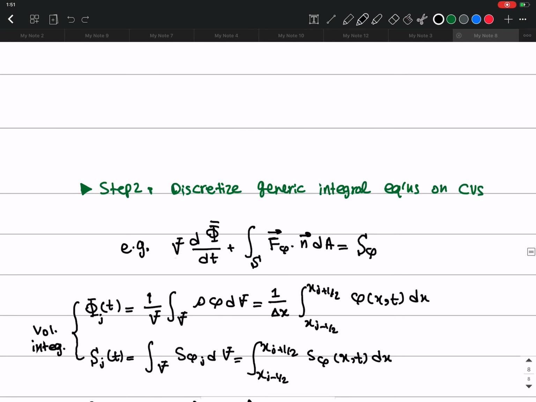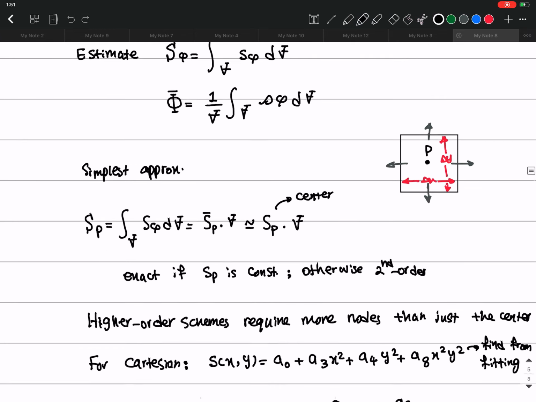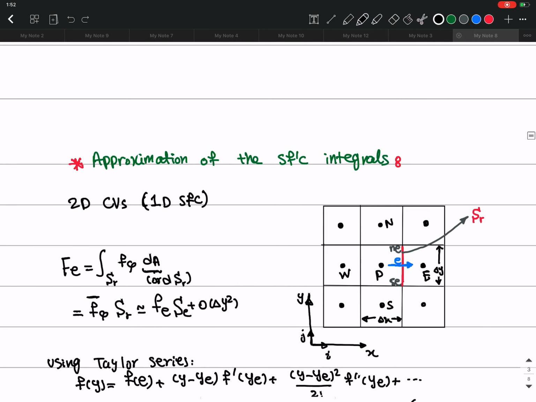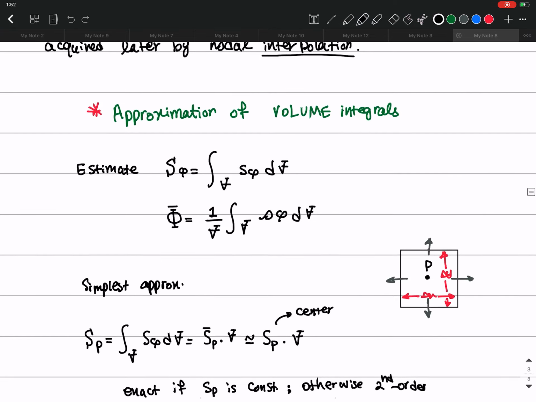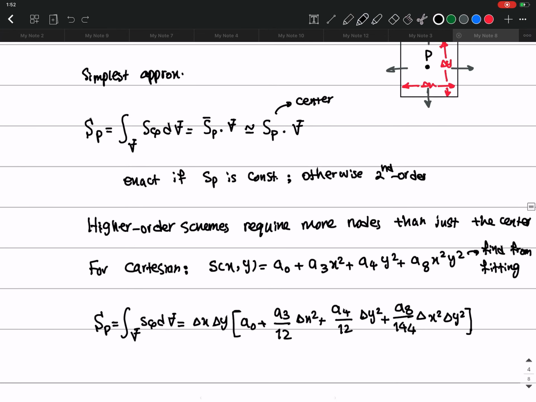So to sum up, we solved this generic finite volume example in this lecture.